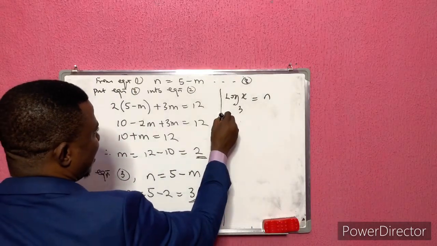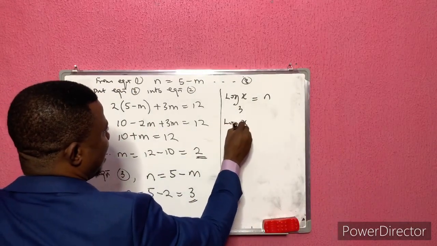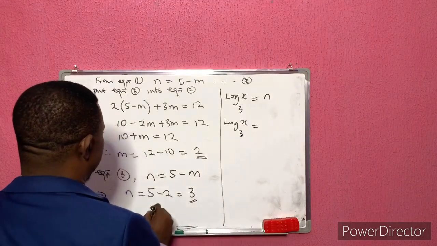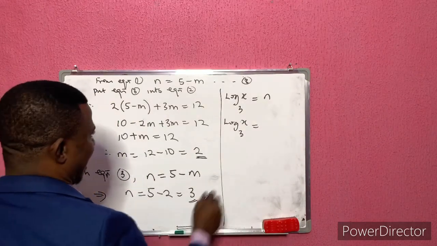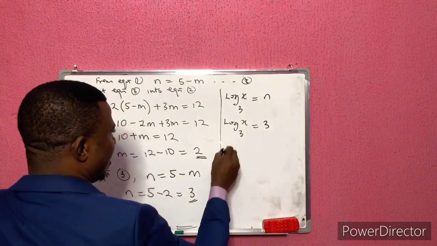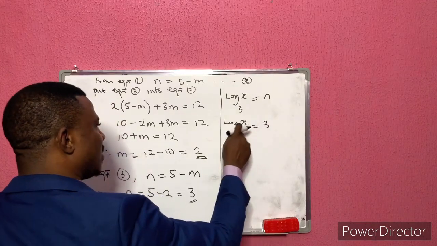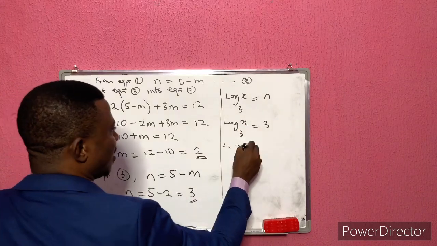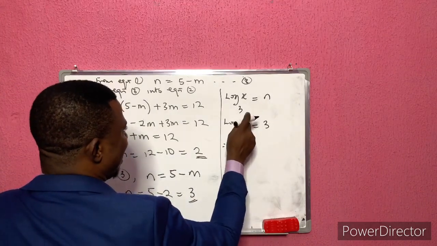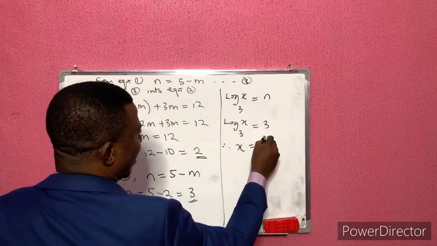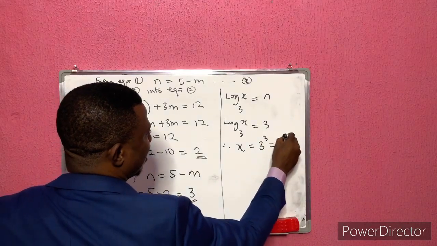This means that log x base 3 is equal to what is n? n is 3. Therefore, remember, the equality becomes the power of the base. The x now is 3 raised to the power 3, that is 27.